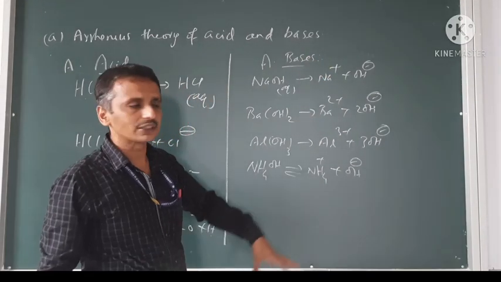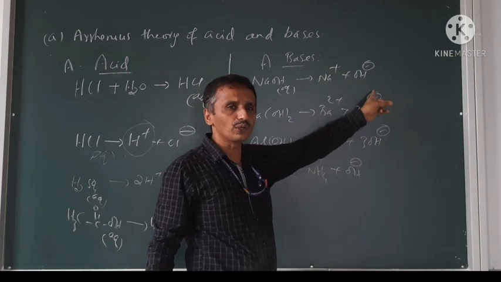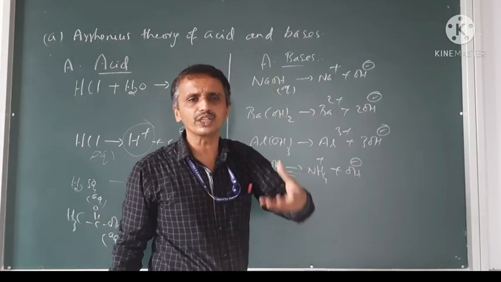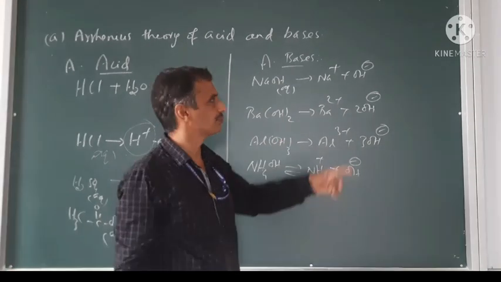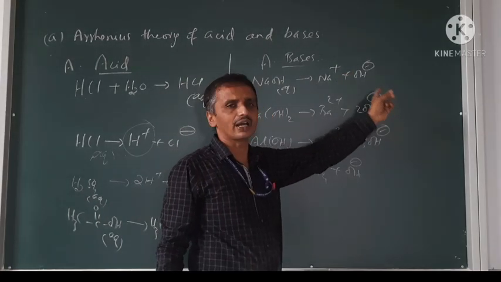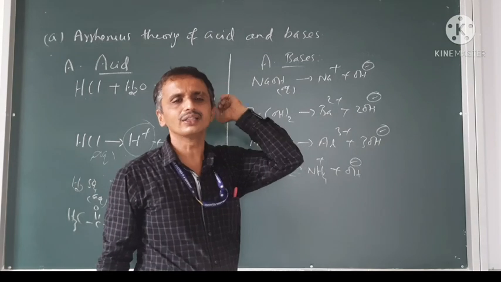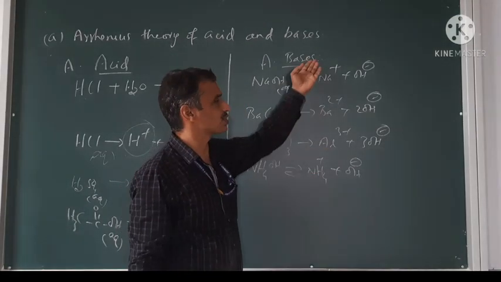How? The substances that produce OH minus, which is called the hydroxyl ion, when dissolved in water, are called bases.